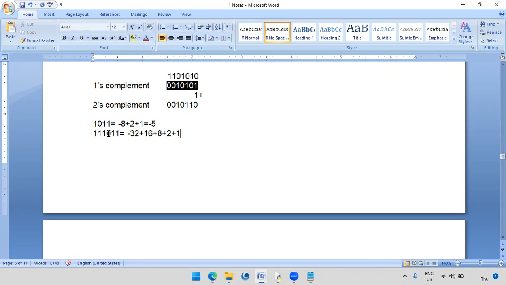This is 0 here, so we are not adding 4. Minus 32 plus, you add up these: 16 plus 8 is 24, 26, and 27. Minus 32 plus 27 is minus 5. So this answer is the same, no?